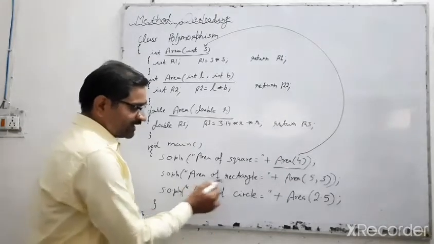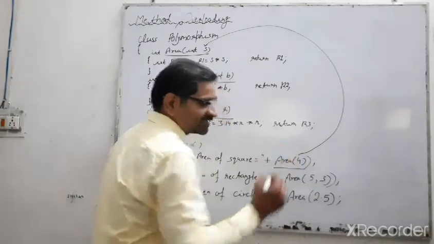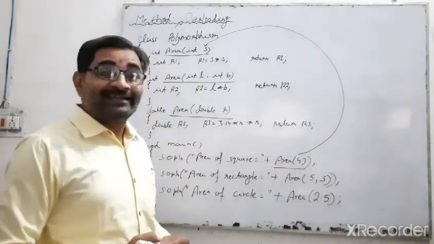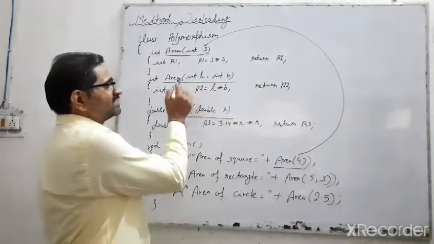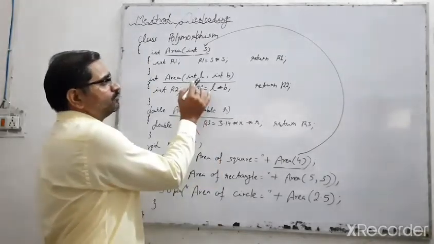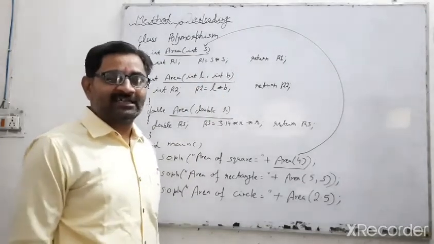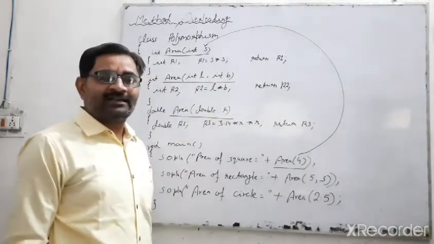Now for the area of a rectangle, you pass two actual arguments of integer type. Since you can see the prototype of this area method defines two integer type parameters, L and B, for length and breadth.